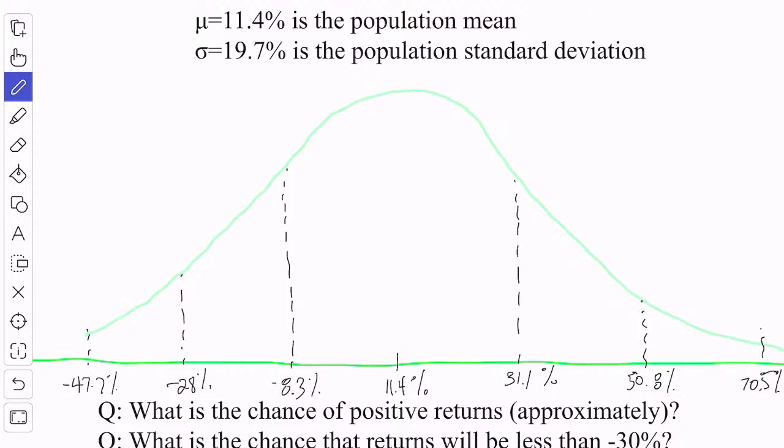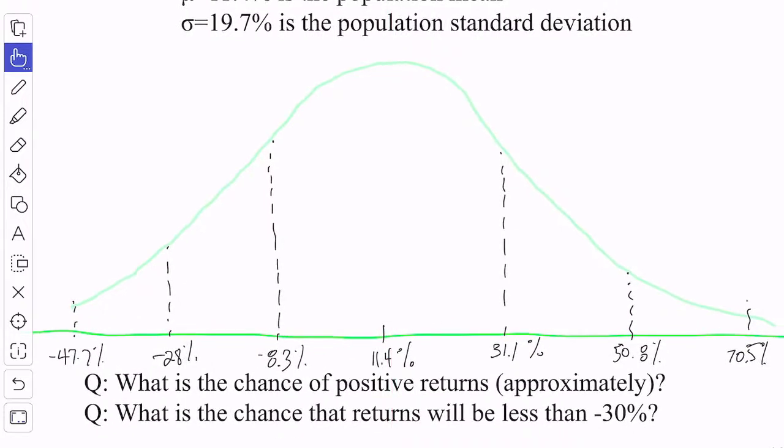There you go. So what's the answer to the question, what is the chance of positive returns? What do you say? Approximately. Now you could do this with Excel and get the exact value, but just approximately, what would you get? What would you think? Where do the positive values begin?